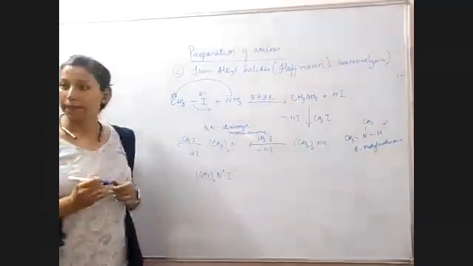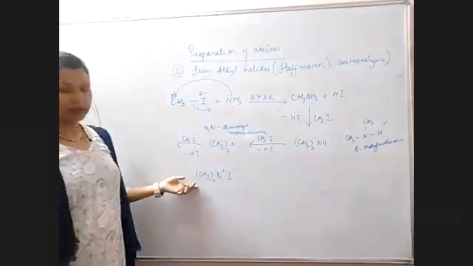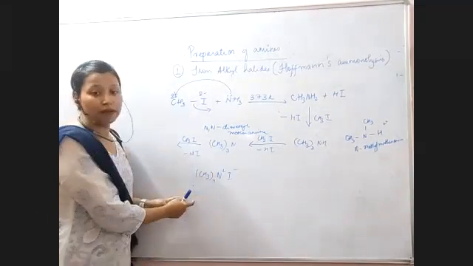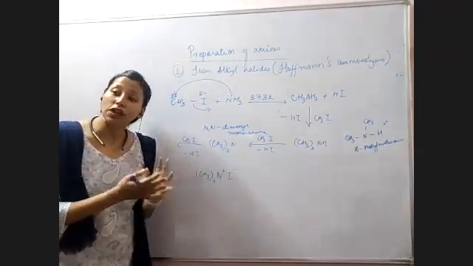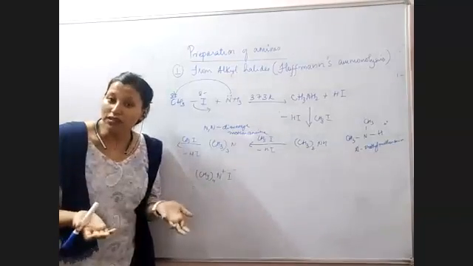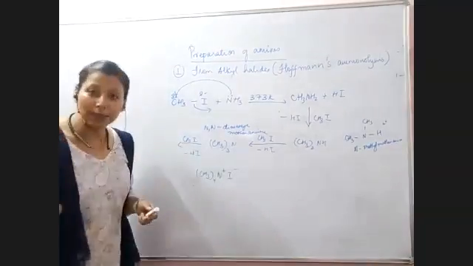Clear with everyone? Try the last one. How many methyl groups are there? 4. Nitrogen carrying a positive charge is called, what is NH4 plus? Ammonium.